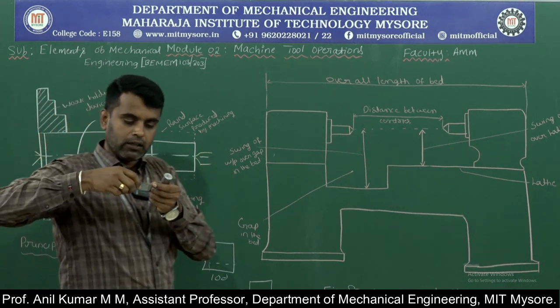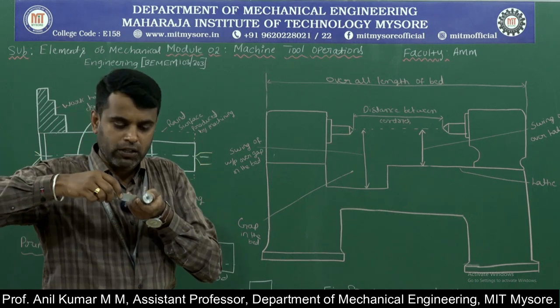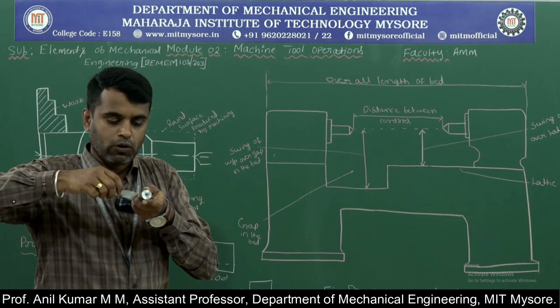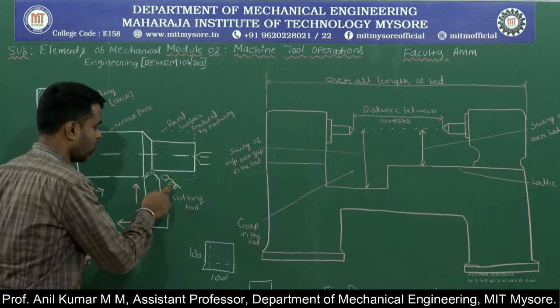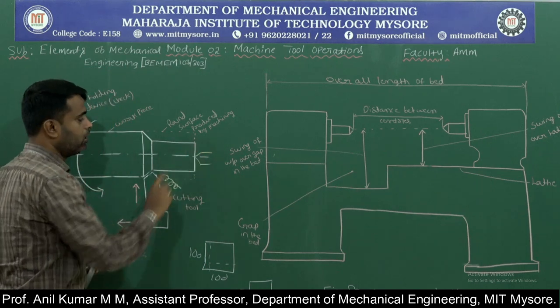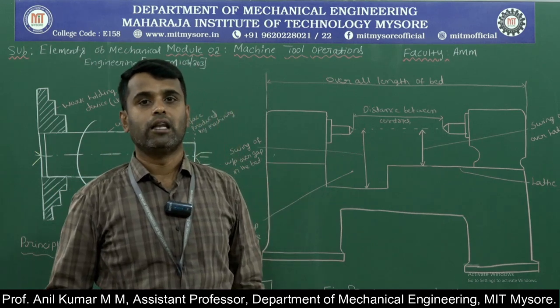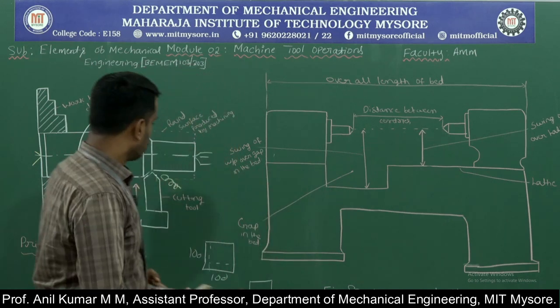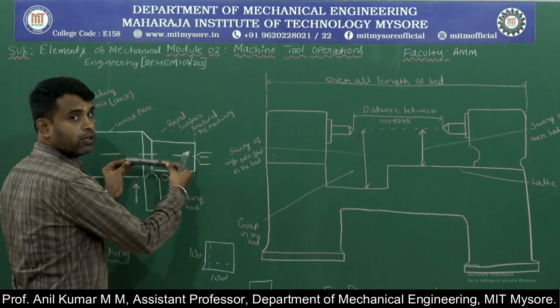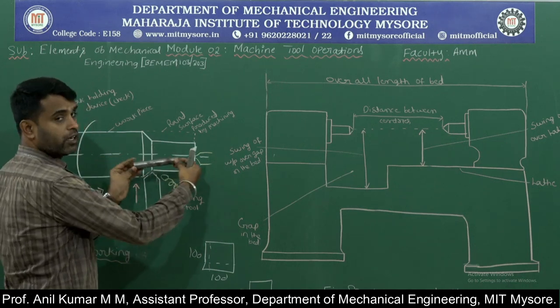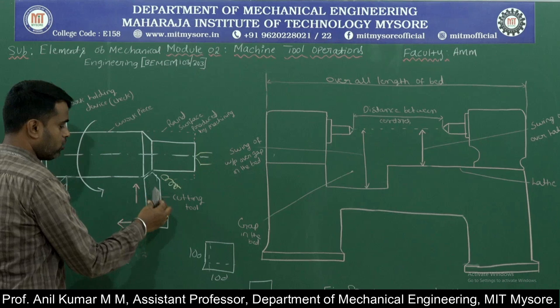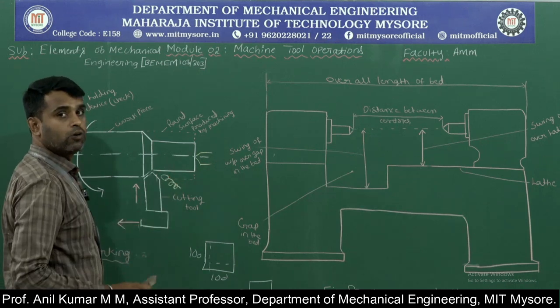When the tip of the cutting tool touches the workpiece material, the excess metal is removed in the form of fine chips and we get the desired size in the workpiece. That is the working principle of the lathe machine. The workpiece is held between the two centers, the live center and the dead center, and the cutting tool is rigidly held on the tool post.